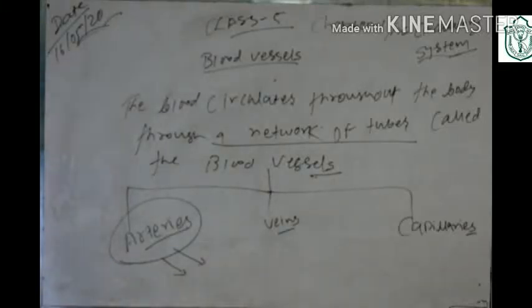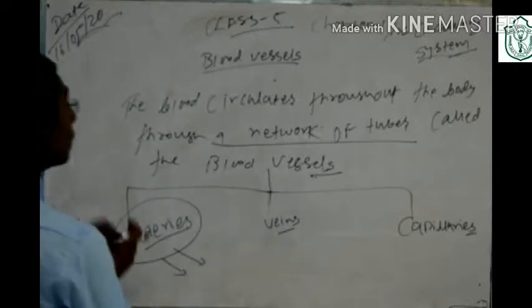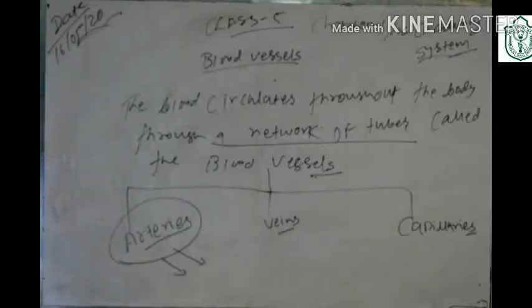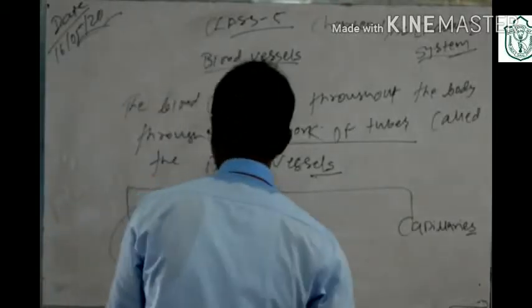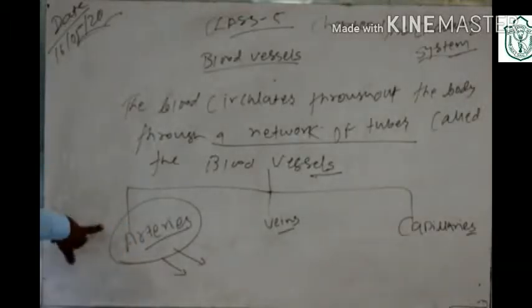The blood which is rich in oxygen flows through a number of tubes. Those tubes are known as arteries. Now I am going to make you understand what the arteries are with the help of a definition.